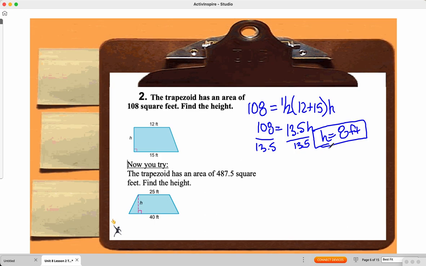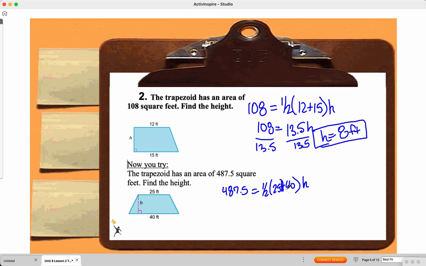All right, take a moment, pause the video, and figure out the next one. All right, so let's plug this information in. This time we have an area of 487 and 5/10 square feet is equal to 1/2 of 25 plus 40 times height.